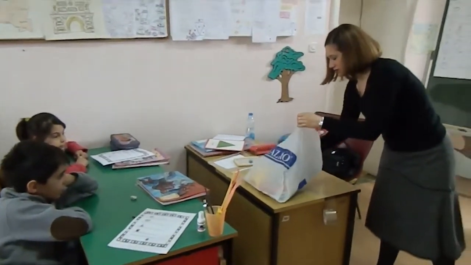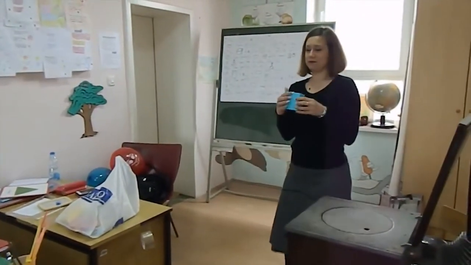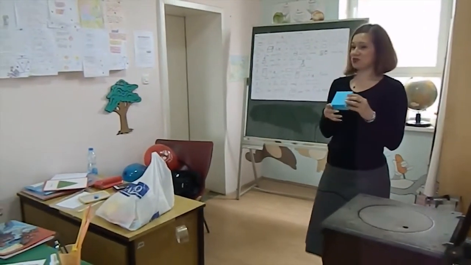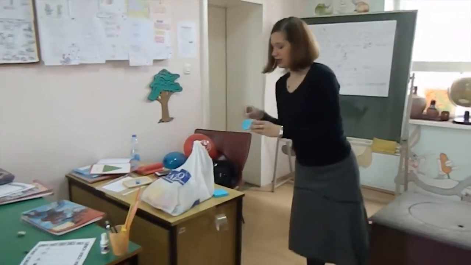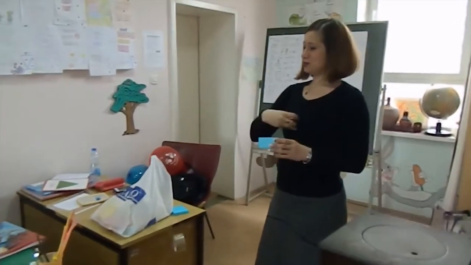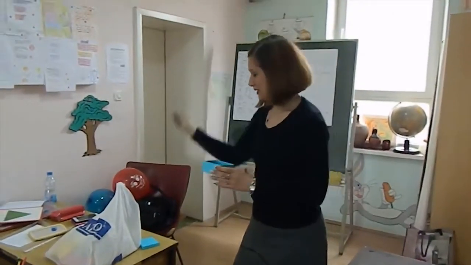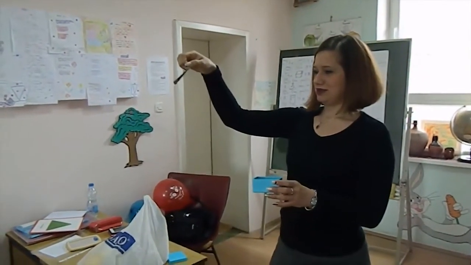What have I got here? What's this? Square. So this is the box from the song, yes, and it's a square, and there's something inside. What's this? Circle. Yes, it's a button, but it's a circle. And what's this? Heart.